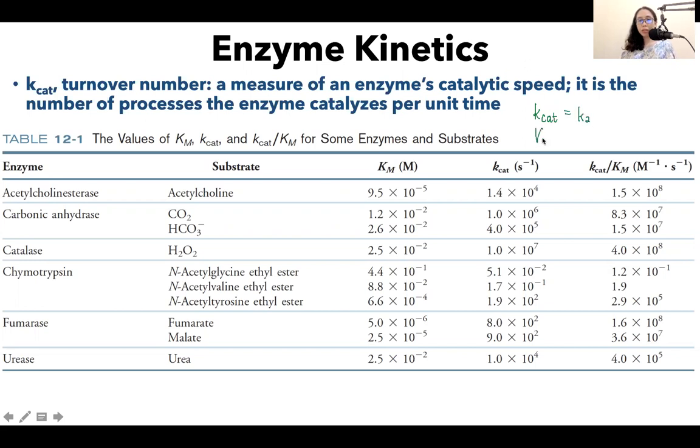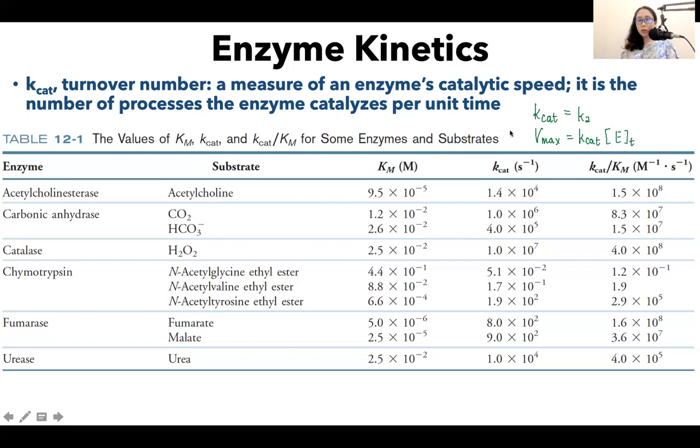And we can actually write a relationship between Vmax and Kcat, because Kcat is equal to k2. Then we can write Vmax equals Kcat times the total concentration of the enzyme. So we can see that Kcat is a first order rate constant.